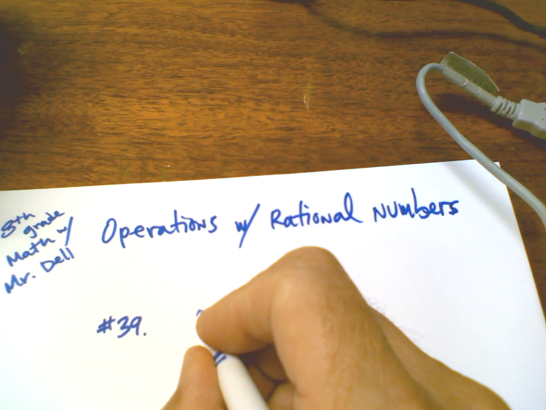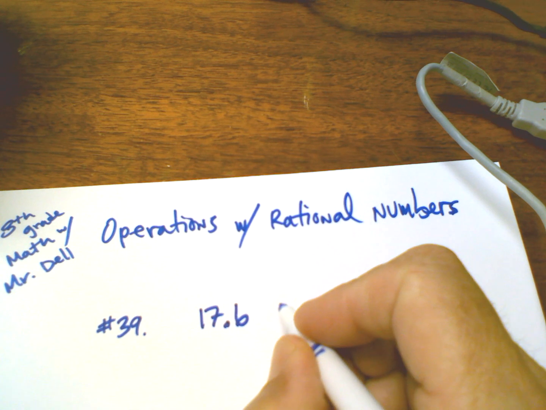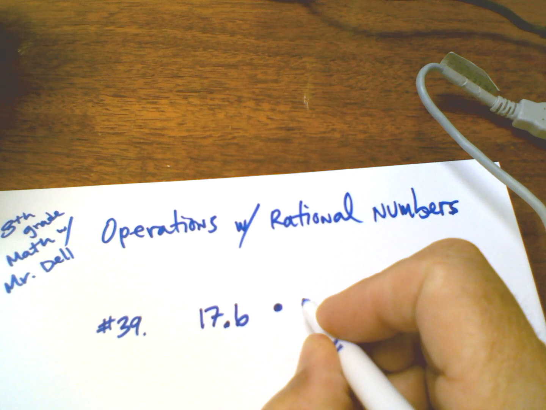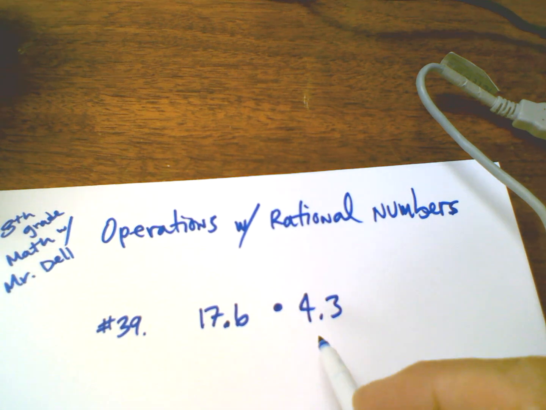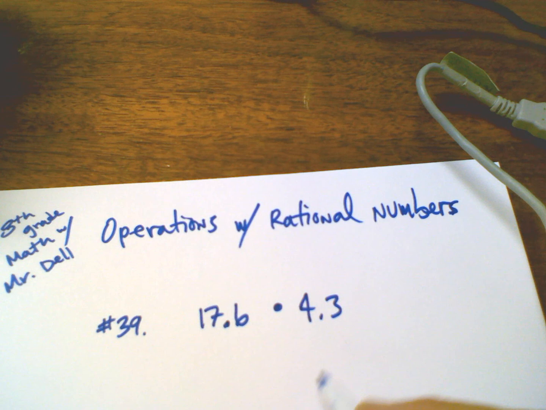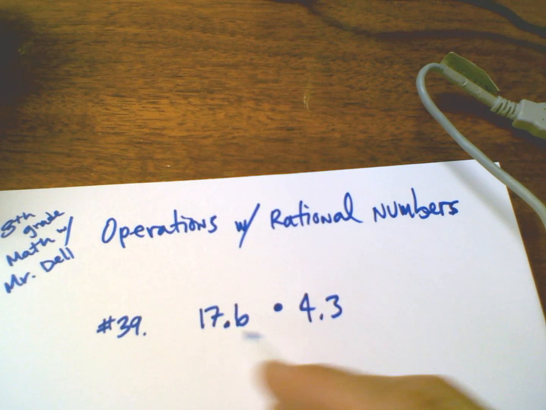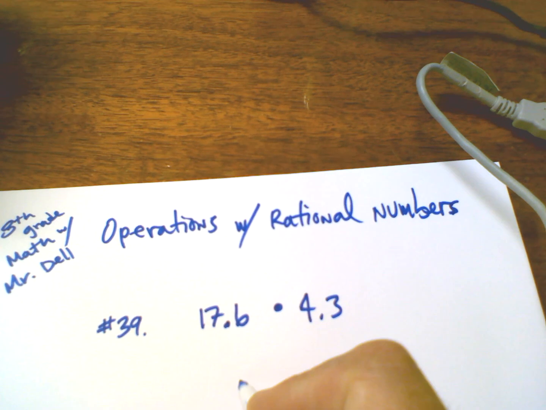Number 39 is 17 and 6/10, and we're multiplying that times 4 and 3/10, right? When we're multiplying numbers that have decimals within the number, a tenth, a hundredths, thousandths, whatever it is, the key is the same as how you would multiply other multiple digit numbers.